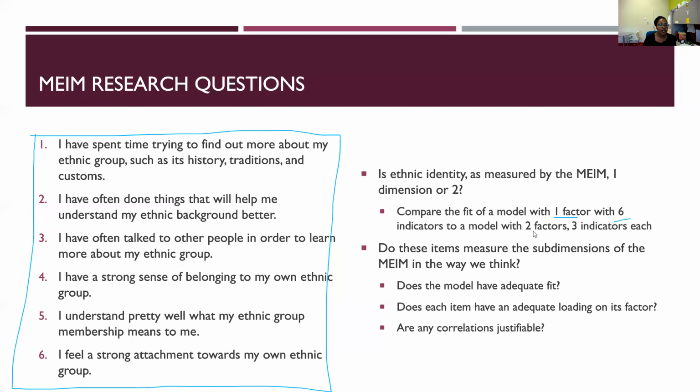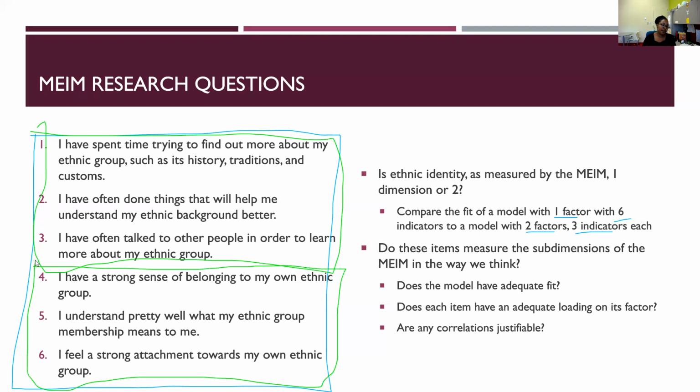And we're also going to compare a model that has 2 factors and 3 indicators each. Our second model will say that these 3 items measure exploration, while these 3 items measure commitment, okay?